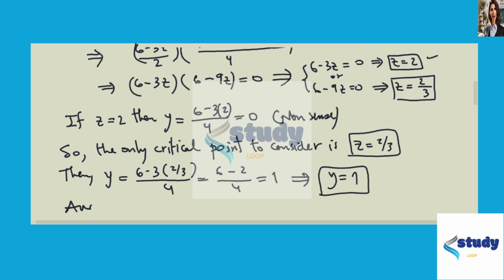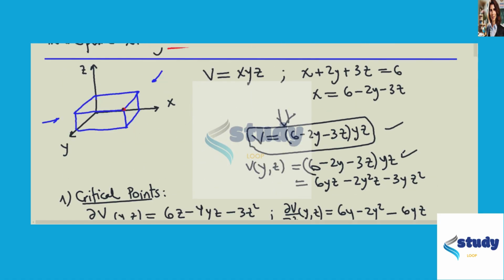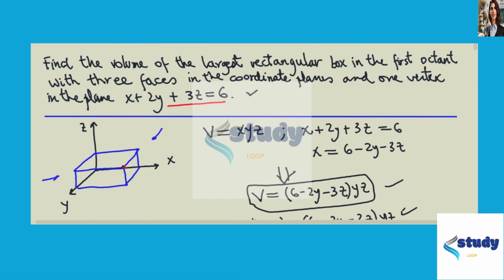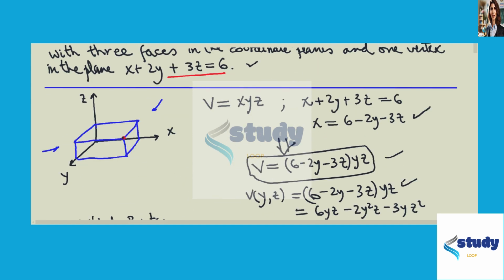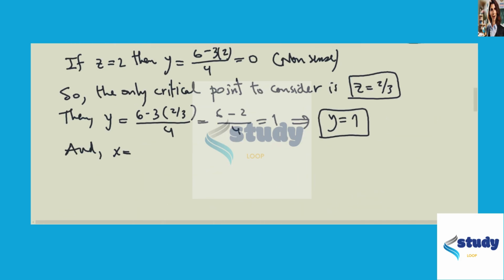And to find the other coordinate, we use the fact that the point is on the given plane, so it's the formula here: 6 minus 2y minus 3z. 2y, that is 2, minus 3z, which is 2. So we get 6 minus 2 minus 2, that is 2.